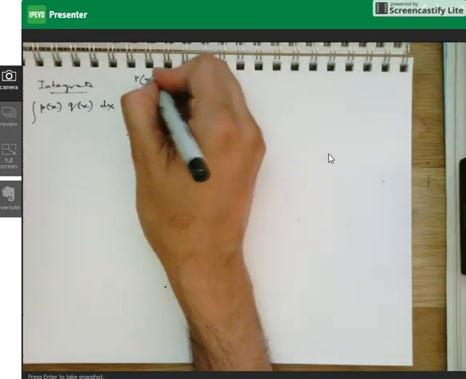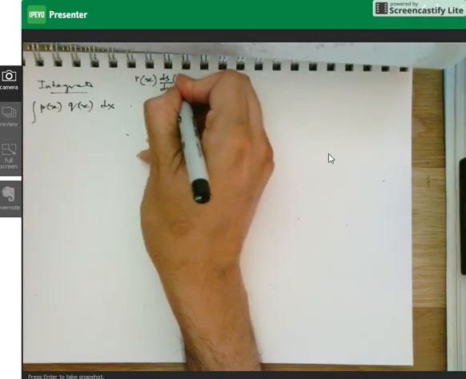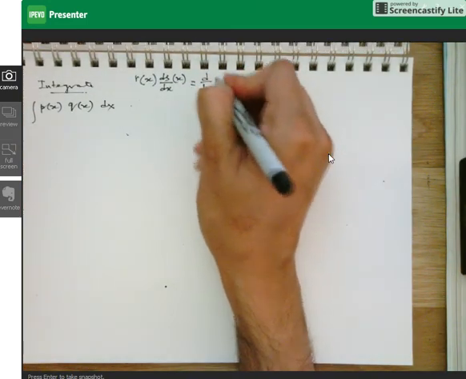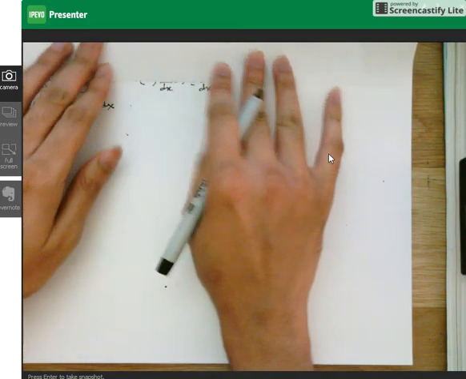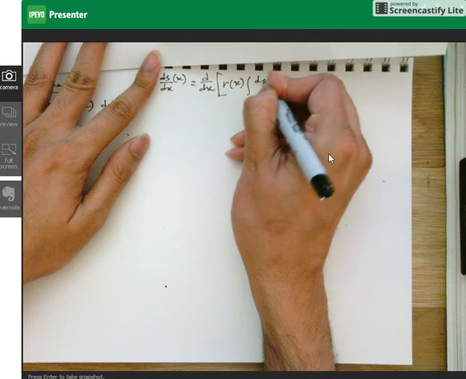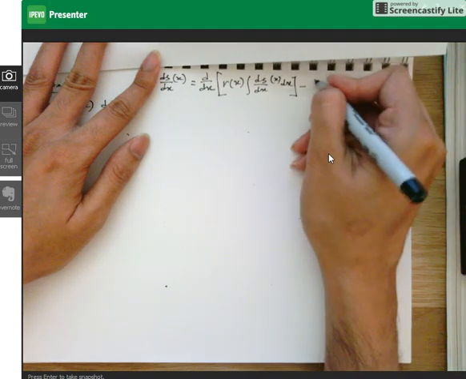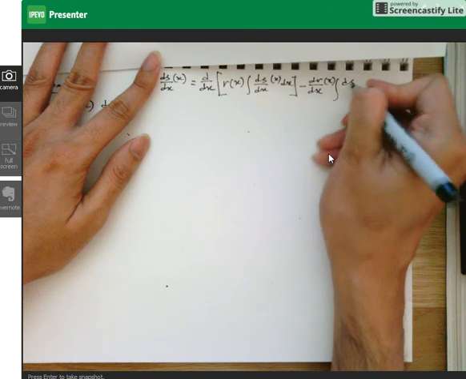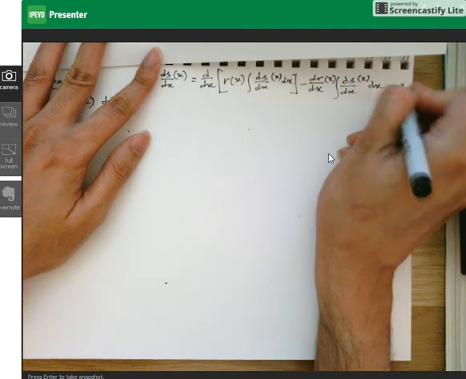R of x times ds/dx is given by d/dx of r(x) times the integral of ds/dx with respect to x, minus dr/dx times the integration of ds/dx with respect to x, and this was equation 3.